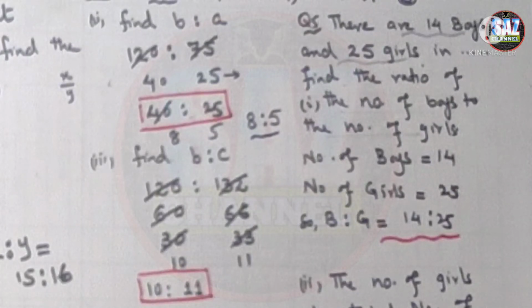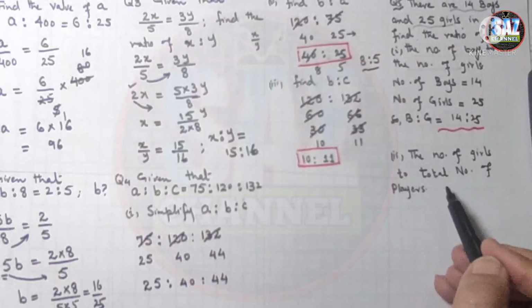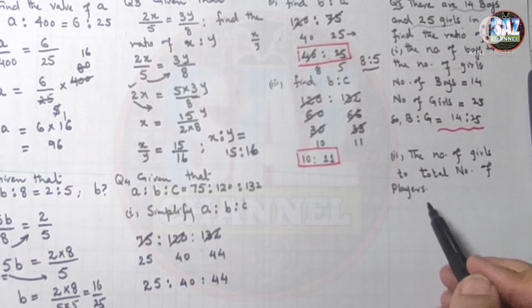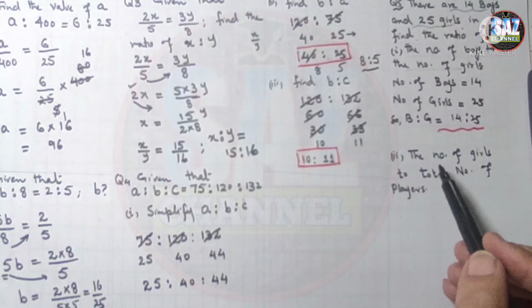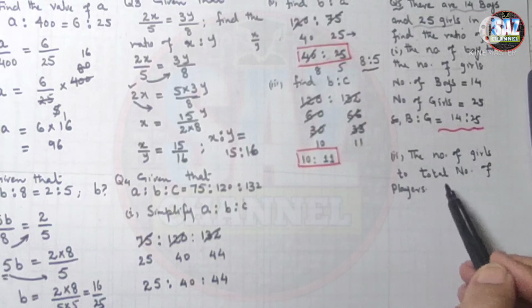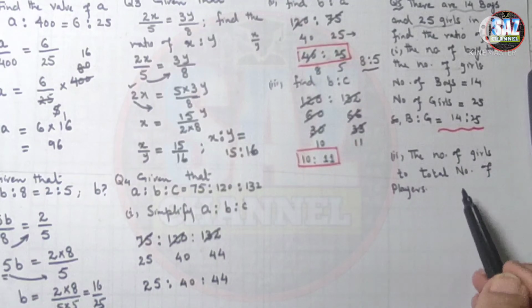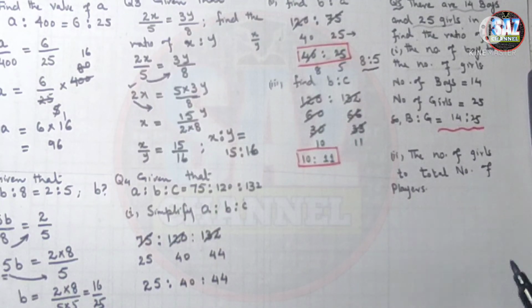Coming to the second part, the number of girls to the total number of players. Now in the first part the ratio was part to part, but here the ratio of the number of girls to the total number of players will be part to whole.